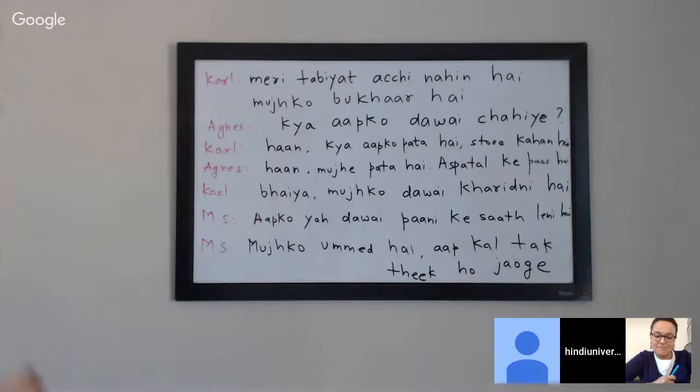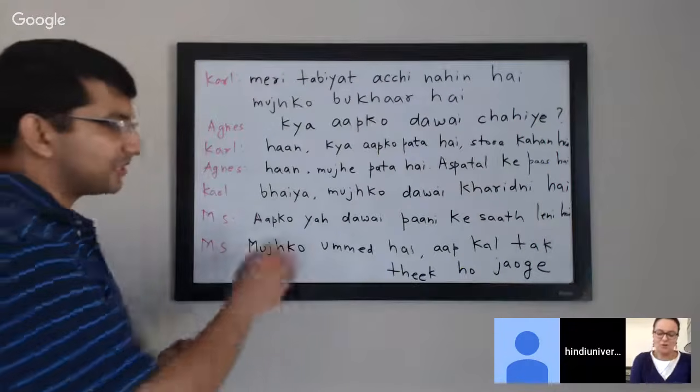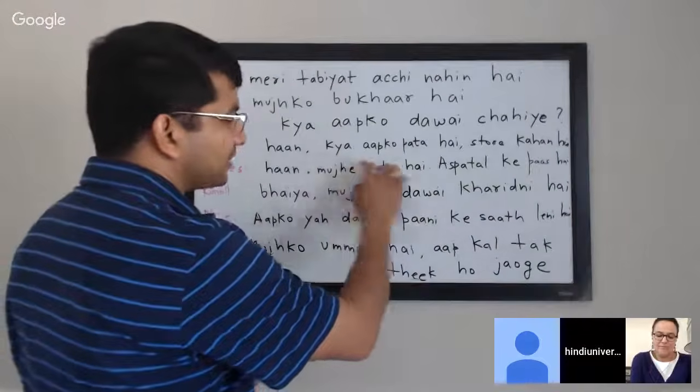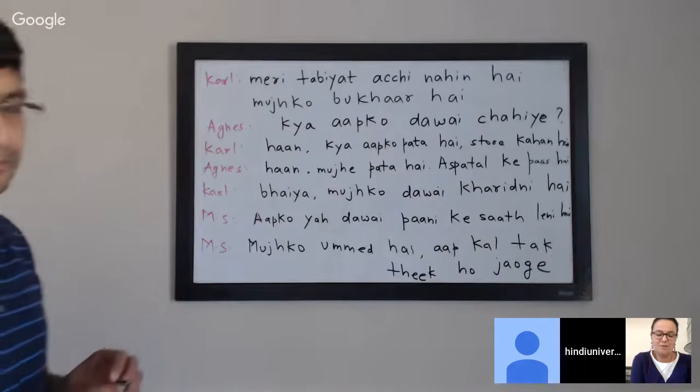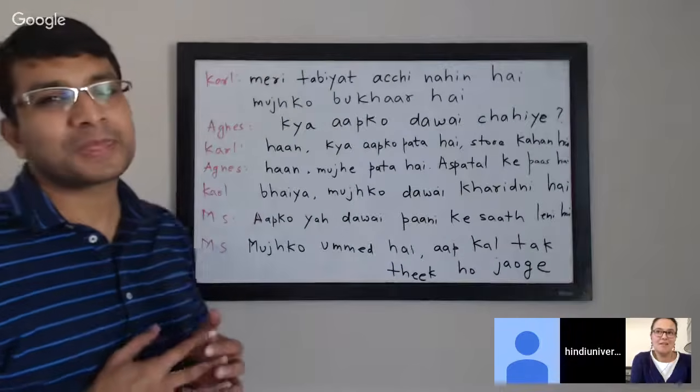Okay. क्या आपको पता है medical store कहाँ है? Where is the drugstore, the store for medicines? Yeah. What about this? क्या आपको पता है? For me, it means yes.